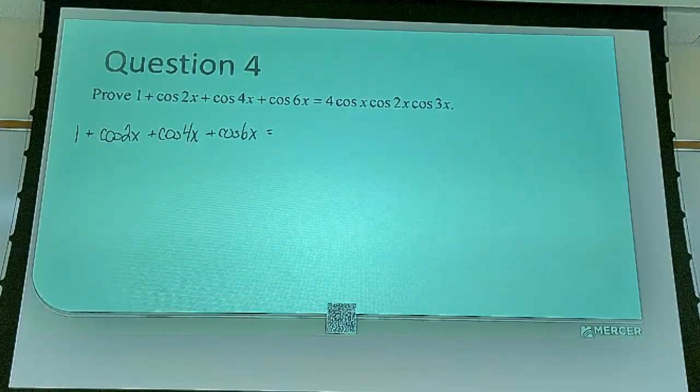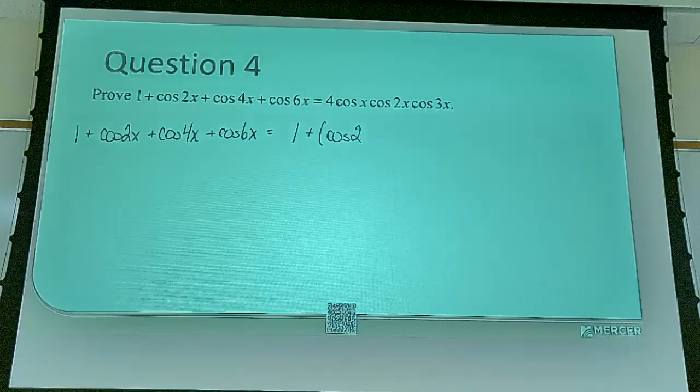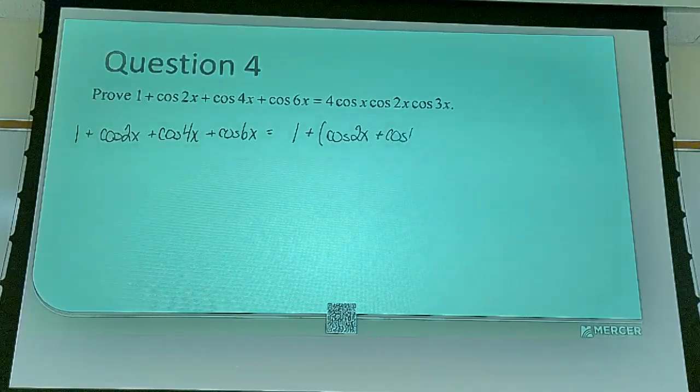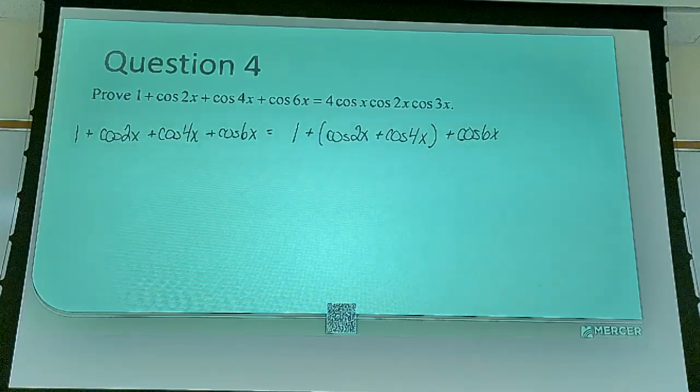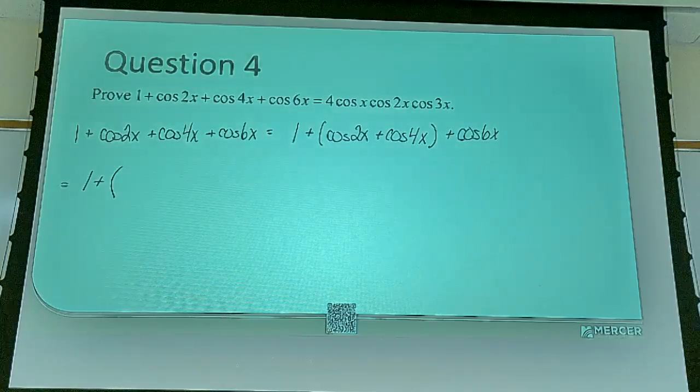Since grouping doesn't matter, let's group it this way first. So we're looking at those two middle cosine terms. Sum the product. I don't need those parentheses.